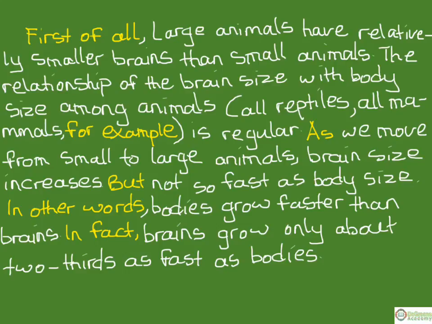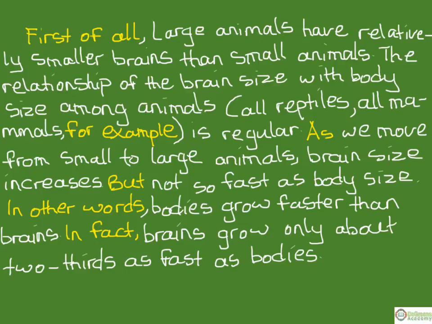The words or phrases in yellow. The first one we have, first of all. The second we have, for example. The third, as. Fourth, but. Fifth, in other words. And the last, in fact.